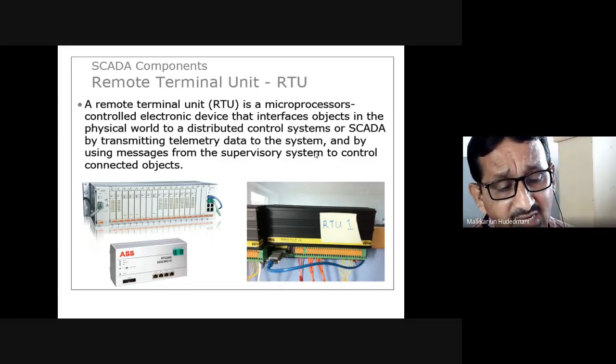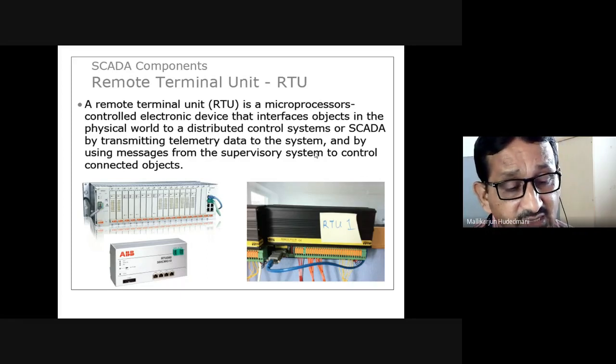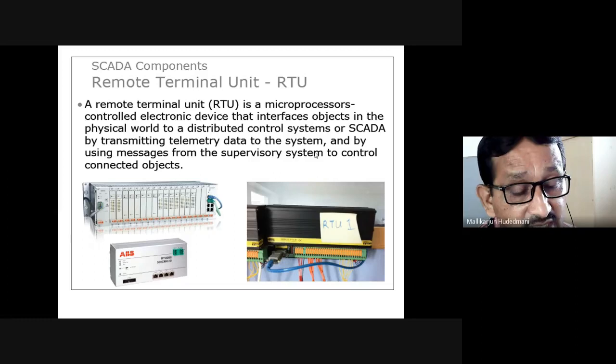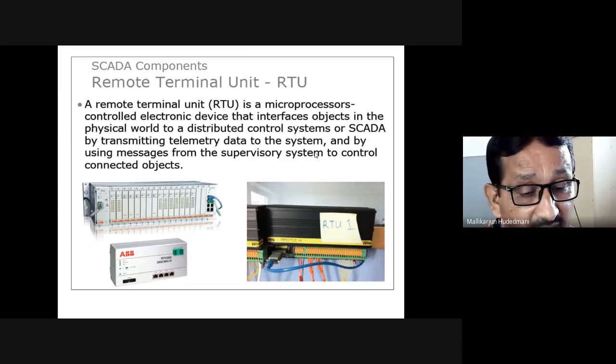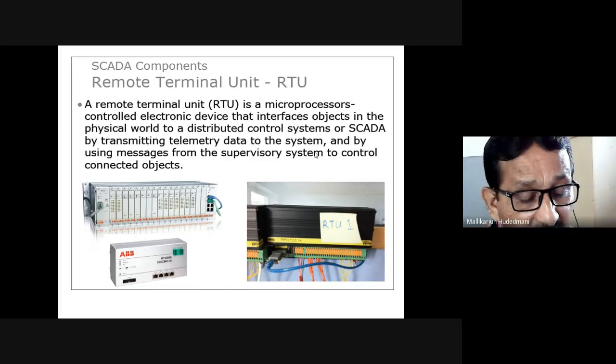Let us come to reality. What exactly is this device? This is a device to be installed in the energy generating plant, or in a load center, or in a transmission mechanism which I want to monitor, control and get communicated to the energy control center. This is an interface. For example, if I connect it to a generating plant, I call it an RTU connected to the generating plant.